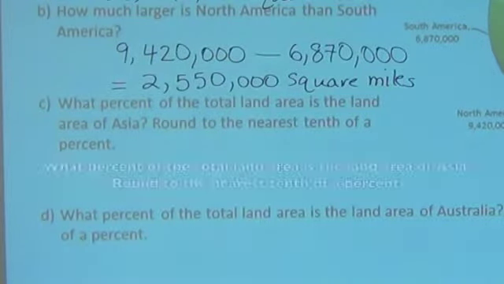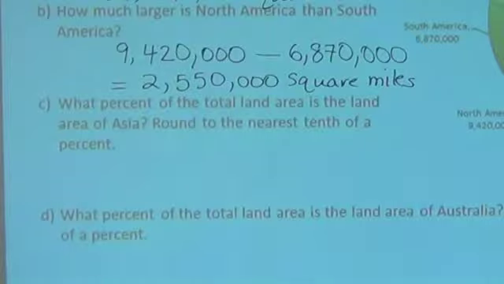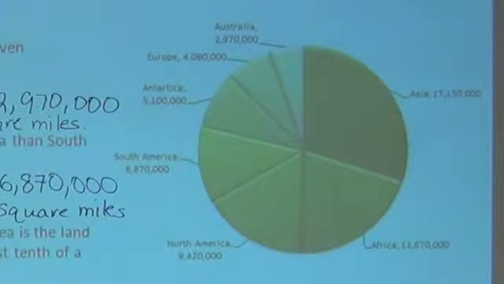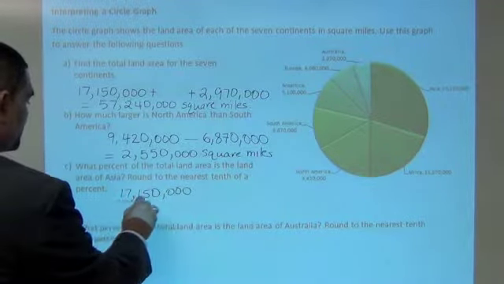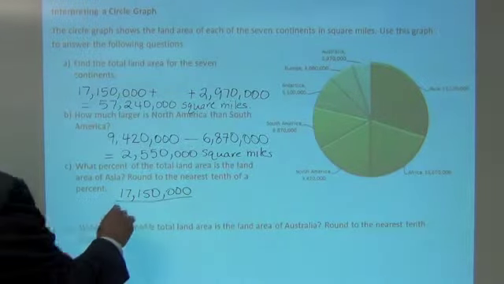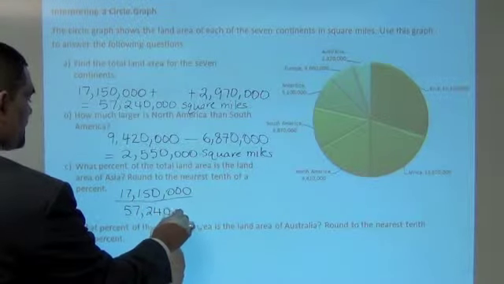The third question. What percent of the total land area is the land area of Asia? So we want to find the percentage of how large Asia is. In order for us to find the percentage, we need to know the total area covered. So Asia is 17,150,000, and that goes over the total land area, which is 57,240,000.